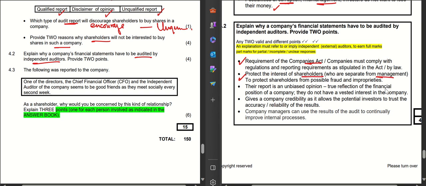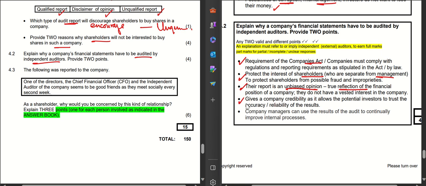So this is to protect the shareholders' interest from fraud and other unforeseen challenges that can be brought in. Then the third point is that their report is an unbiased opinion. When independent auditors give a report, their report is unbiased. Okay, so it gives a true reflection of the financial position of that company.